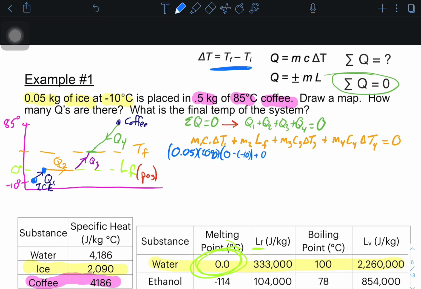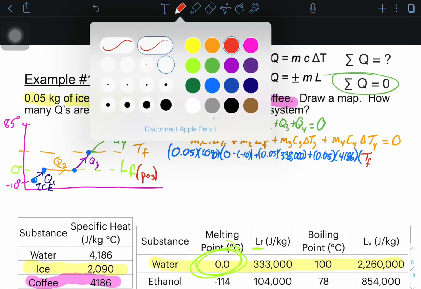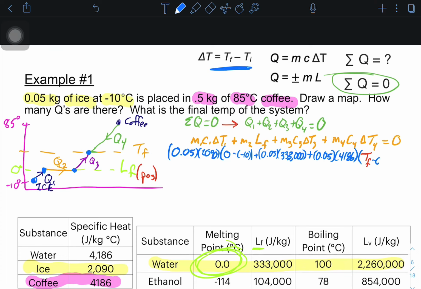Then we go plus 0.05 times my latent heat of fusion, which is 333,000. Then plus my Q3, which is the mass of my ice cube, but now my ice cube is from here to here at Q3 and is in liquid water form. Then it's my final temperature of Q3, which is my unknown TF, minus 0.